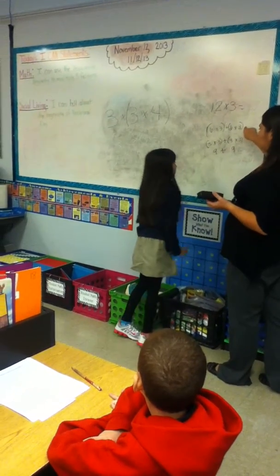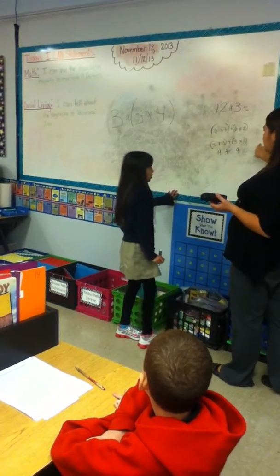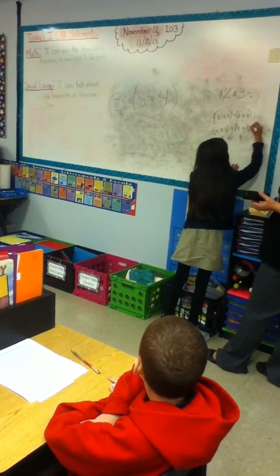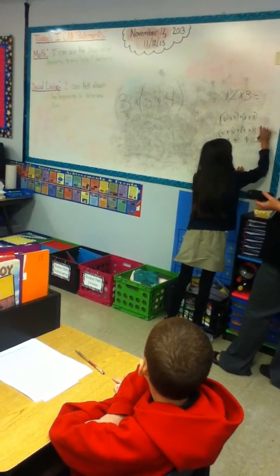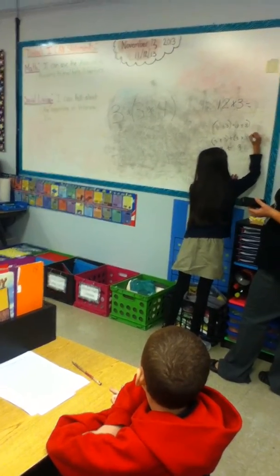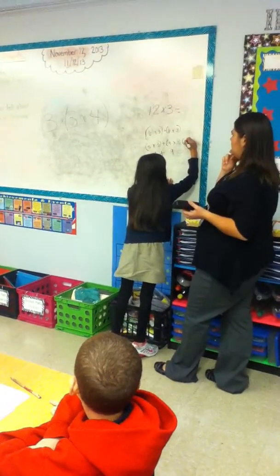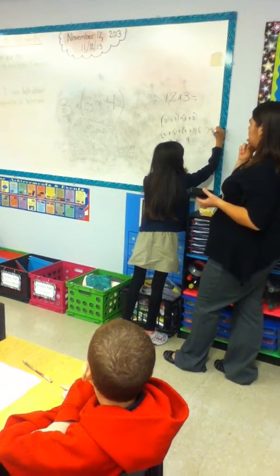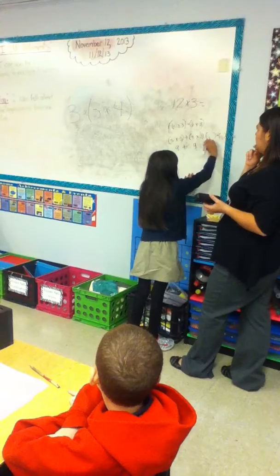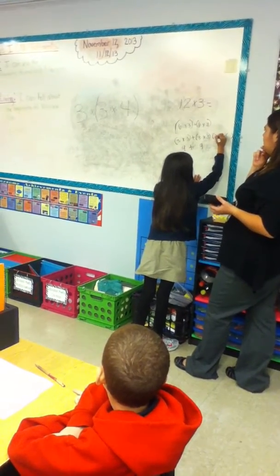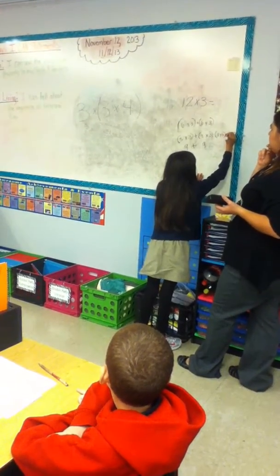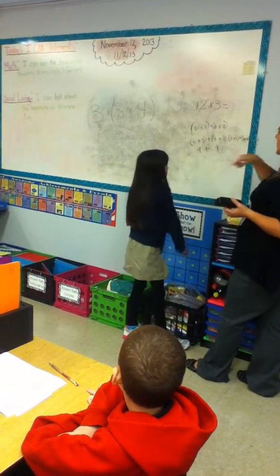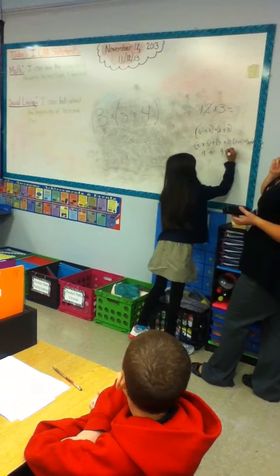Okay, so what about this one? I'm going to break this one up also. Okay, so 3 times 3 is, class? 9.